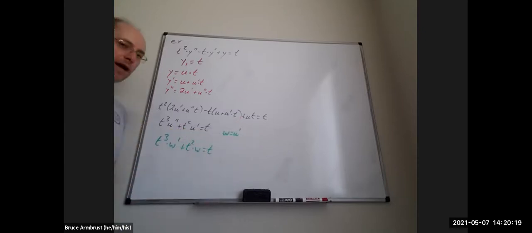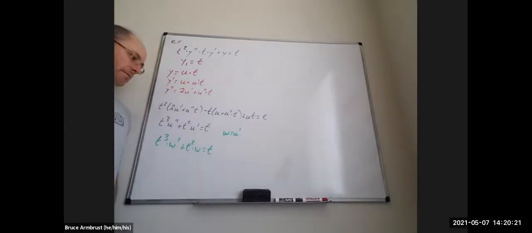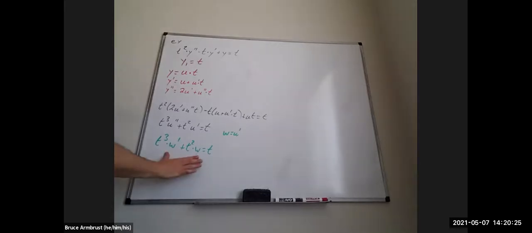All right, I'm just going to write here that w is equal to u prime to remind us later. All right, well, this guy in green, we can solve. I'm going to start by dividing by the t cubed. So I get w prime plus 1 over t times w equals 1 over t squared. And let's solve this guy.